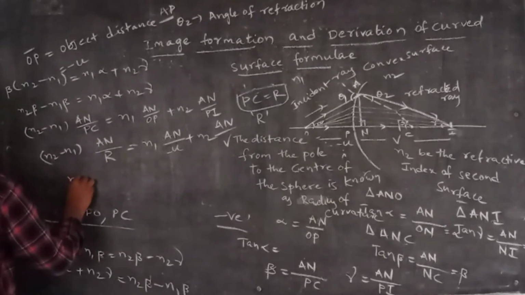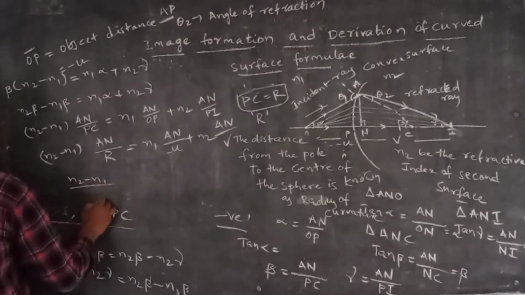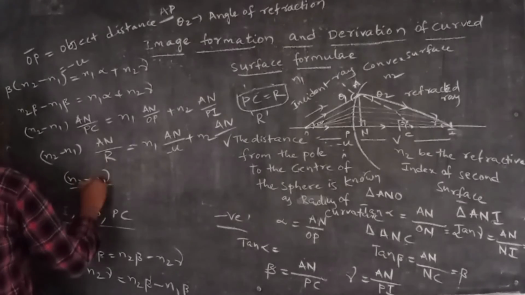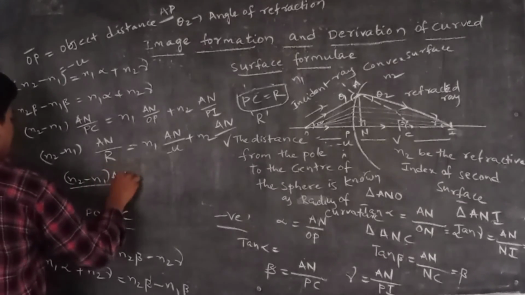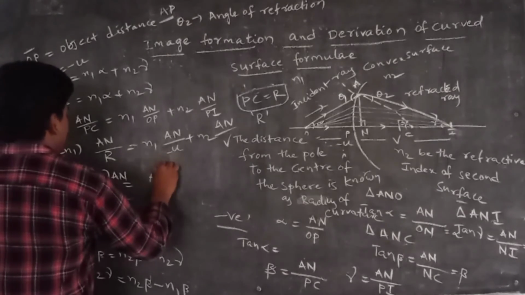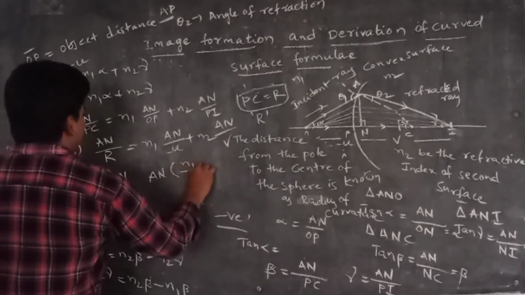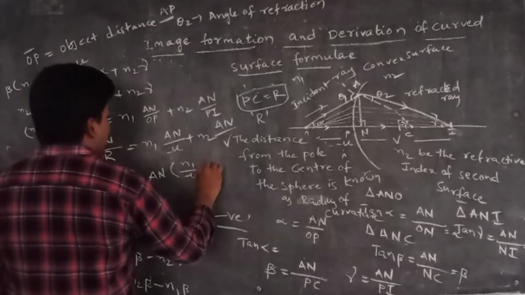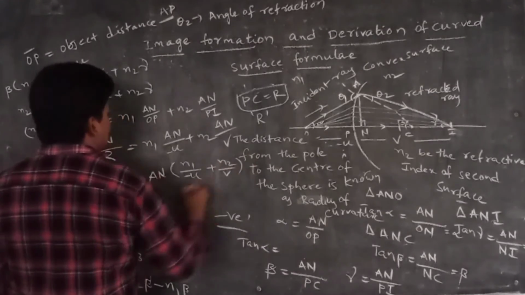So (n2 minus n1) times AN by R is equal to AN times (n1 by minus u plus n2 by v).